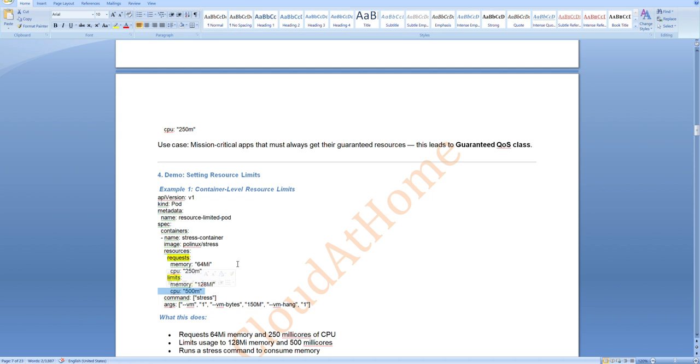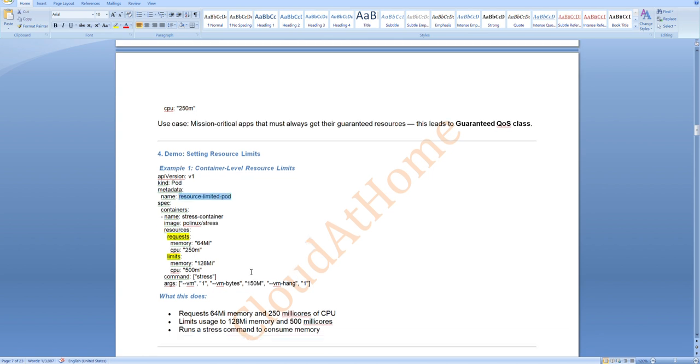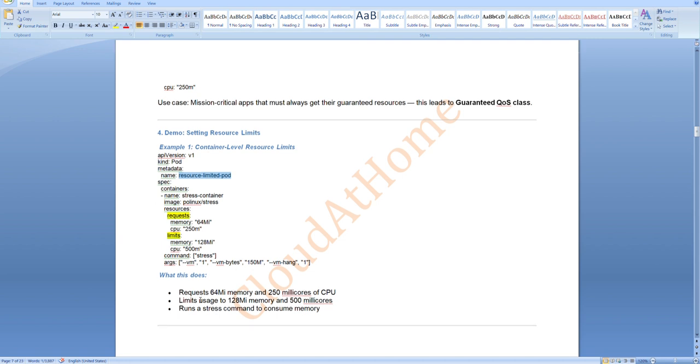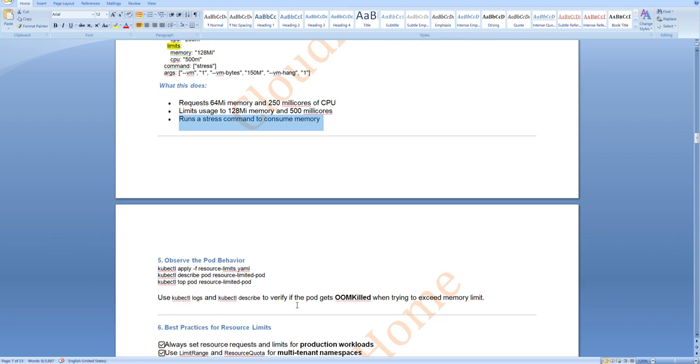So you are saying more than this you do not use when you are running this pod. The name of the pod is resource-limit-pod. This is just an example. Resource request is 64 MiB and 250 millicore of CPU. The limit range is this one, and we run a stress command to consume memory. We will see this in the demo.